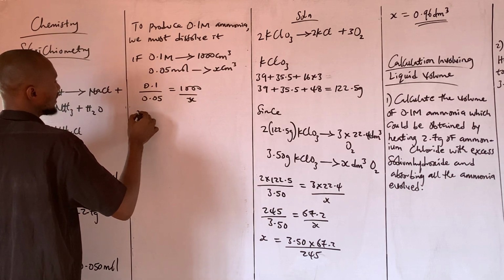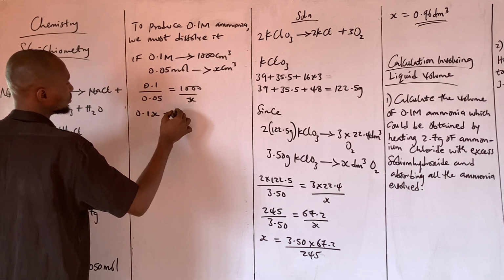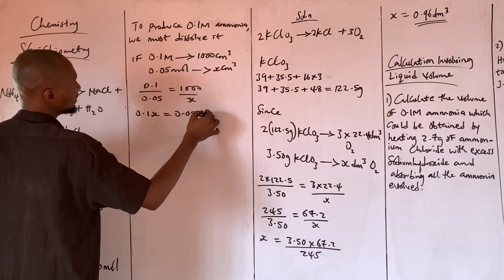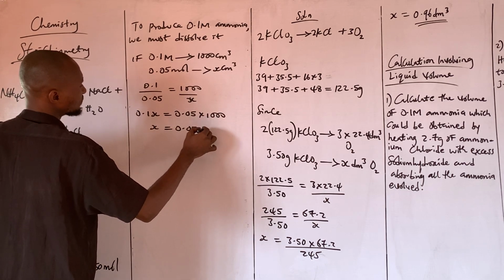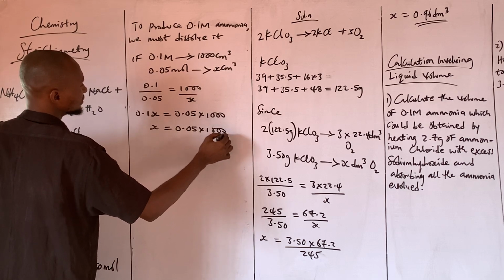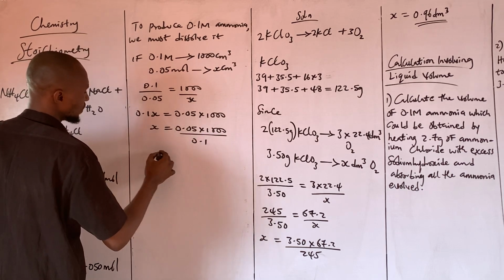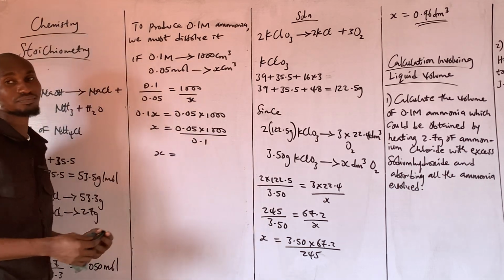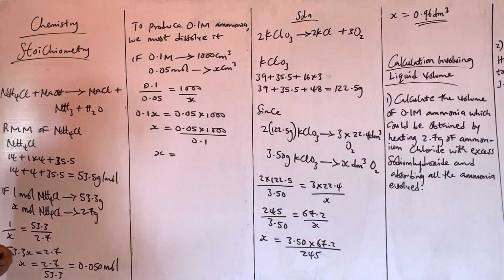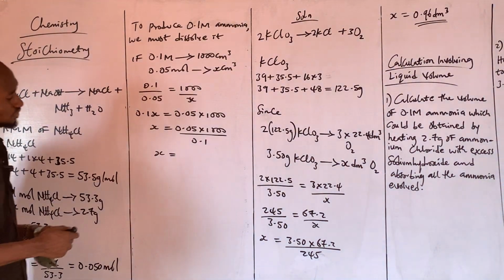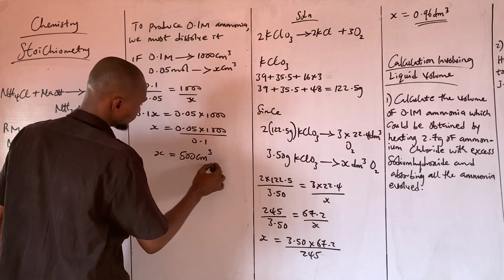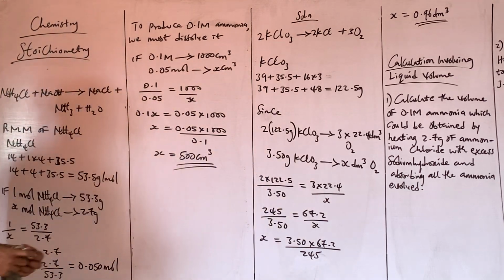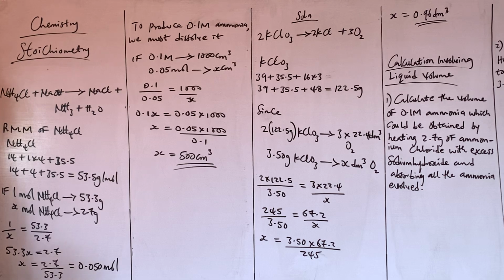When you cross multiply, you have 0.1x equal to 0.05 times 1000. x is equal to 0.05 times 1000 over 0.1. x is equal to what? So the answer is 500 cm cube. Final answer. Do you understand?